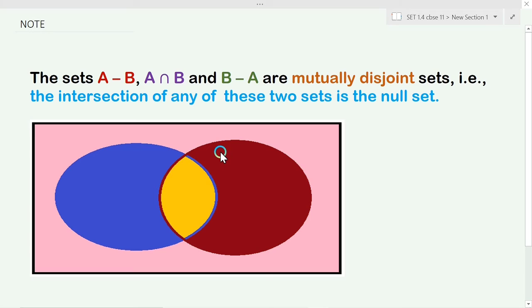Now we have to know what is a mutually disjoint set.